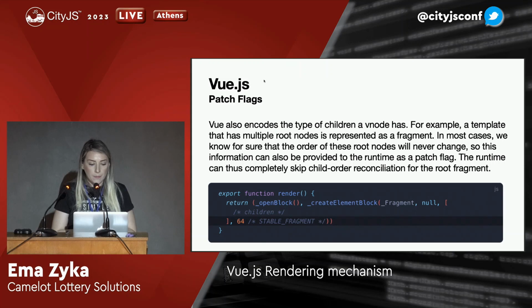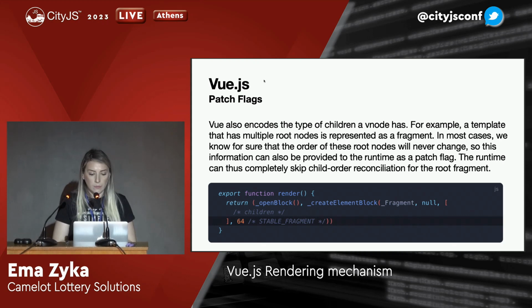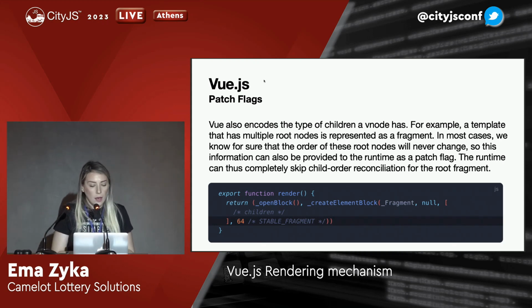For example, in this case, we can see that there is some code left behind that says 64. This is a number which represents that the whole fragment of multiple roots is going to be kept in order in the template. So it understands that the order of the elements won't change, and it can leave this code behind and make the decision later that it won't do any work to compare it, do any diffs, update it, etc.